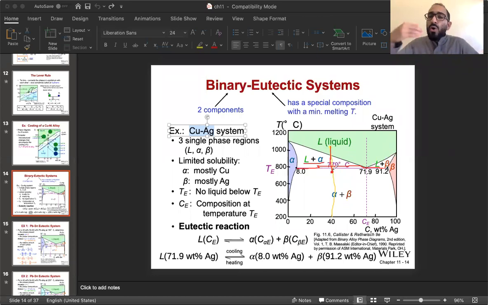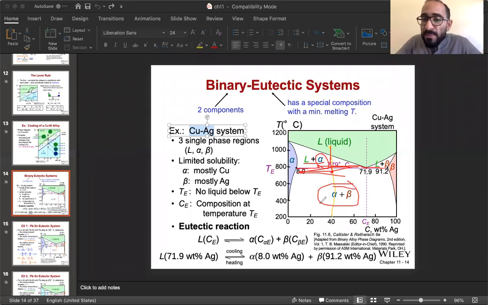Now all the remaining liquid is going to transform to alpha plus beta. Don't forget that part of the liquid already transformed to a special type of alpha. We're going to talk about it; we call this one primary alpha. And once you go below this temperature, the remaining liquid is going to transform to alpha plus beta.